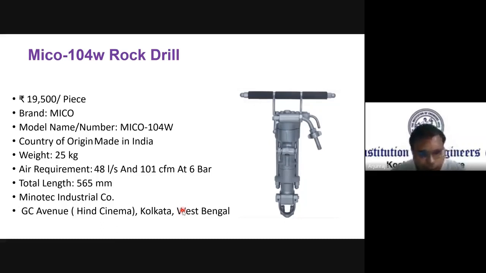You might be knowing Myco Boss, and this Myco is also manufacturing the rock drill, used for drilling the rocks, which can be further crushed with the help of presses. And this comes with a price of 90,500.